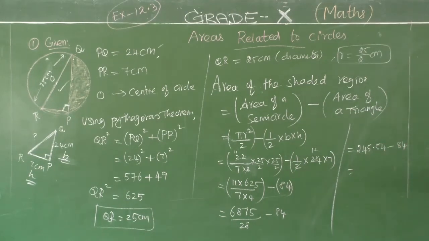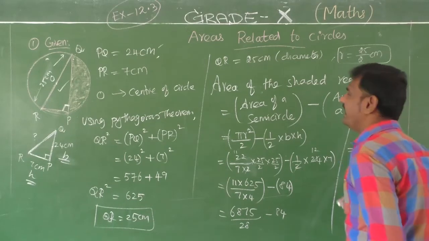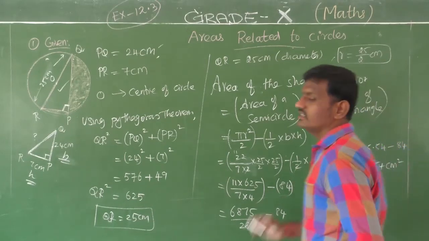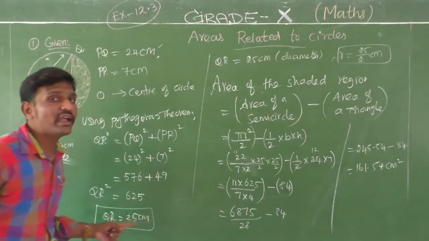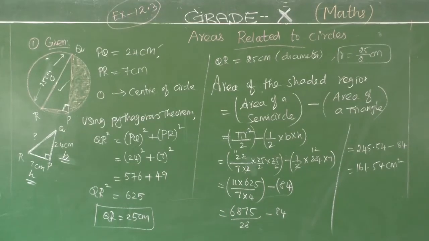Now subtract 245.54 minus 84. 5, 4, 1, 14 minus 8 is 6, 161.54. So this is the answer for the area of the shaded region in the circle. Have you got it? What is your final answer? 161.54. Yes, student.